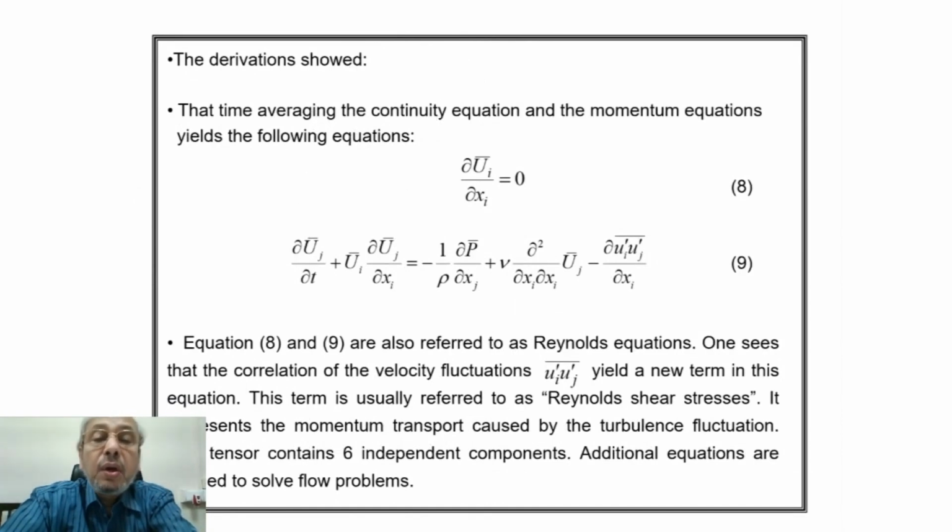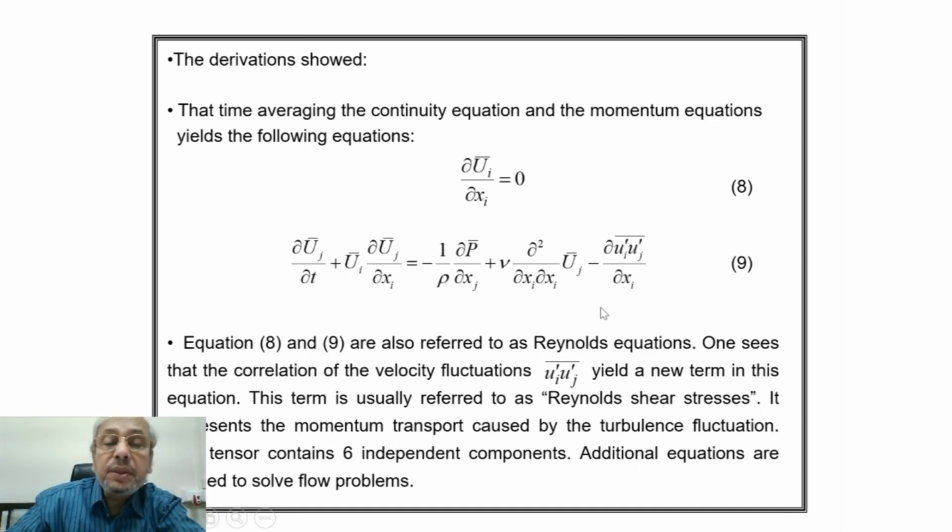So now what we are going to do, we have basically the continuity equation, and this is del xi of ui bar in all time averaged velocity components, and we have basically the momentum equations in 3 directions.